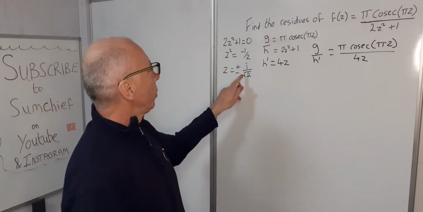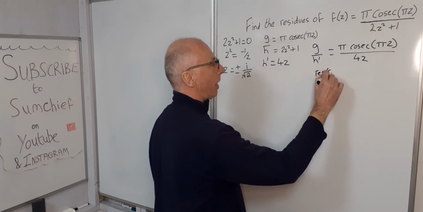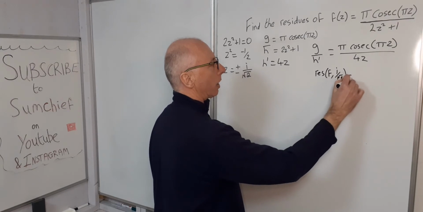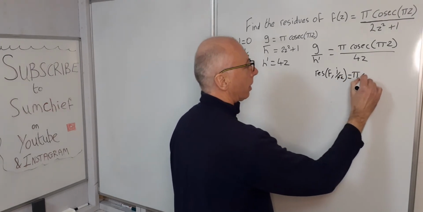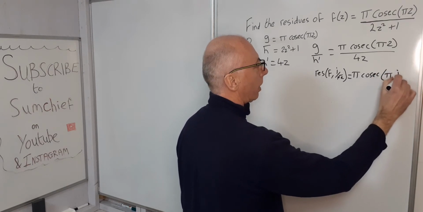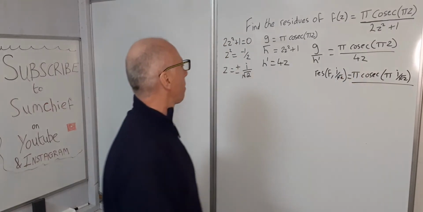So now let's find the residue of the positive one first. Residue of f at i over root 2 equals pi cosec pi i over root 2, divided by 4z.